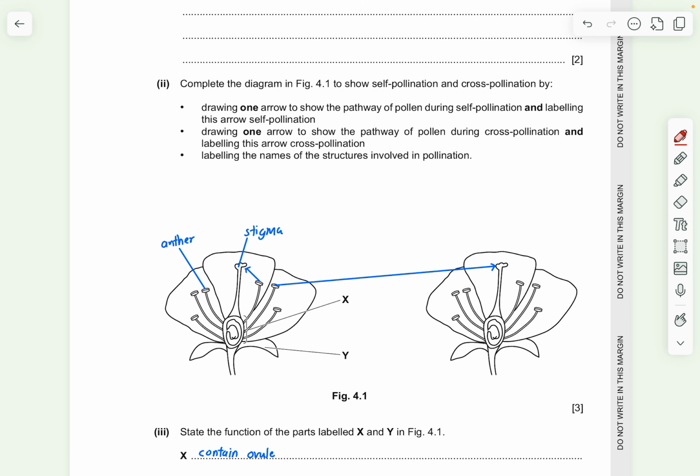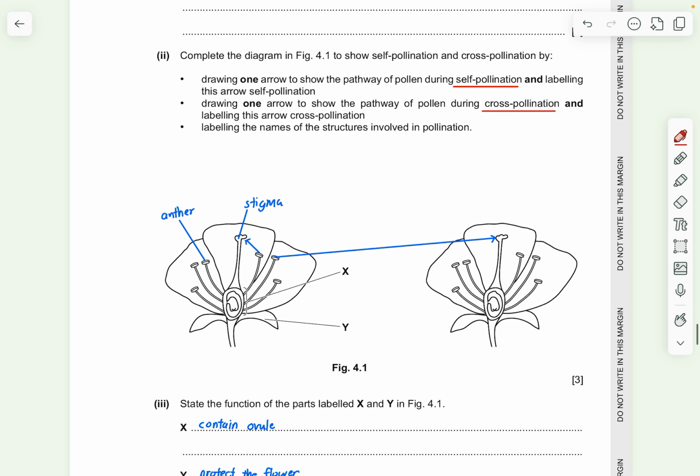So complete the diagram in figure 4.1 to show self-pollination and cross-pollination by drawing one arrow to show the pathway of pollen for self-pollination and label this arrow, and drawing one arrow to show the pathway of pollen for cross-pollination and label this arrow cross-pollination, and again labeling the names of the structures involved in pollination. So first we can label the names.